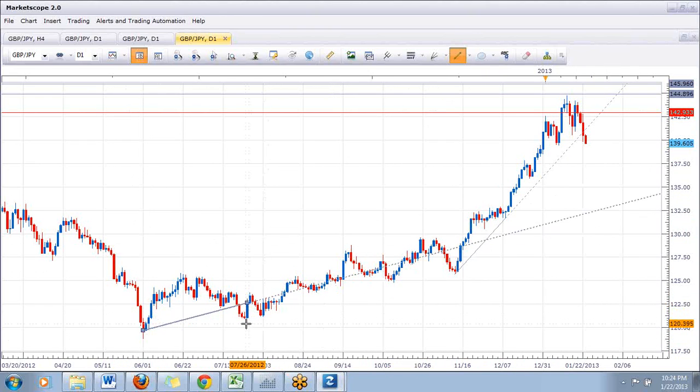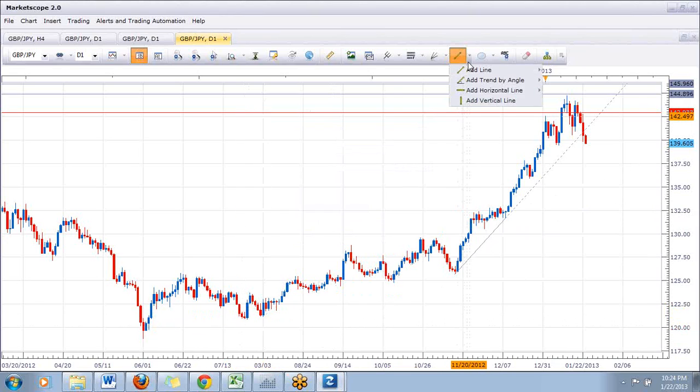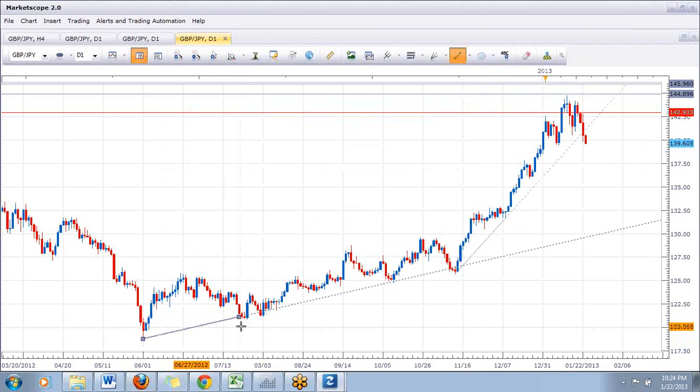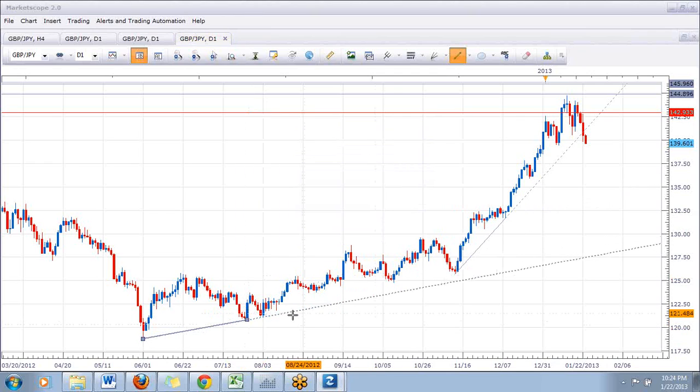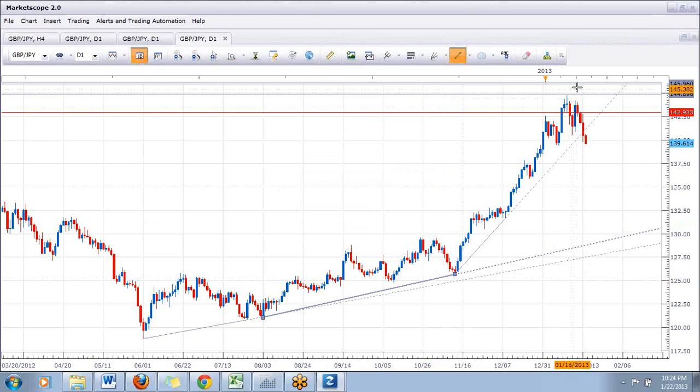We have a primary. Oops, I don't want to use that. Sorry. And low. Okay, primary. Secondary right there, and then we have our tertiary.